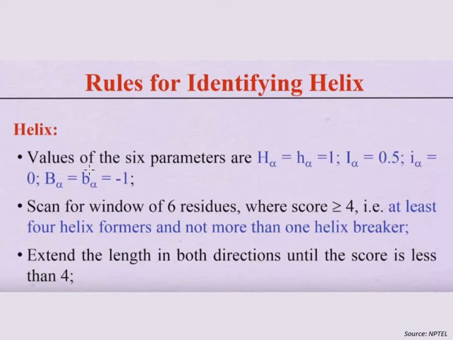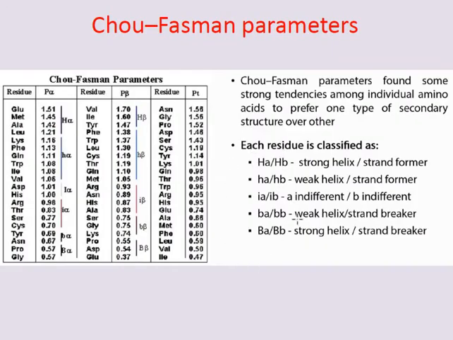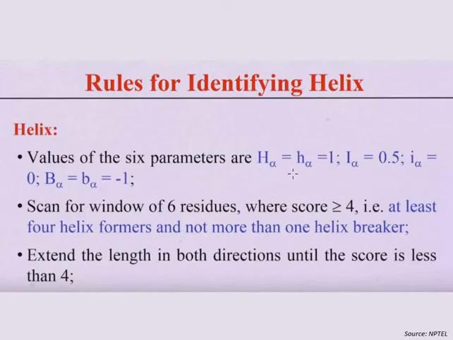So there can be different values assigned to these different parameters. For example, we have classified the amino acids into different classes. So we have strong helix formers, and they are given a value of 1, weak helix formers are given a value of 0.5, and helix breakers are given a value of -1. So this method considers a window of 6 amino acids.